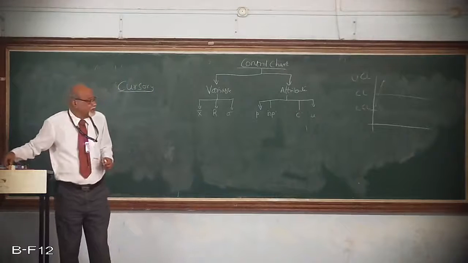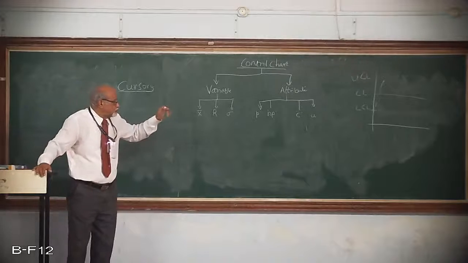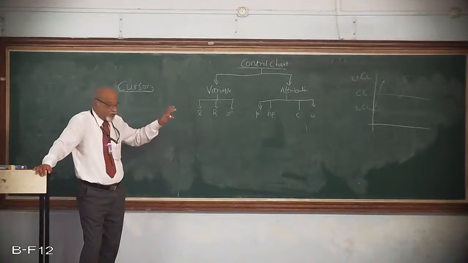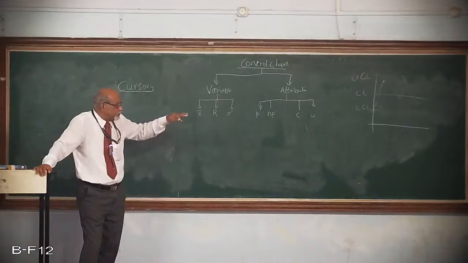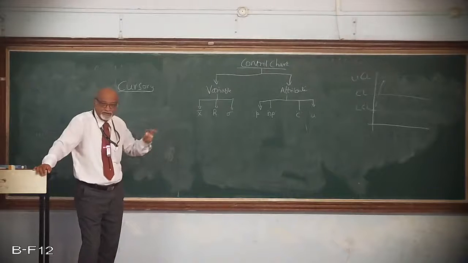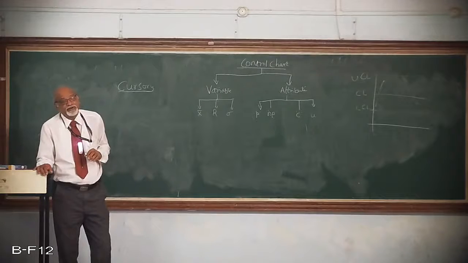Okay, friends? Now, I told you there are 4 types of control charts for attributes. In all these cases, similarly, we have to find out upper control limit, central line, and the lower control limit. These are the classifications that are given.